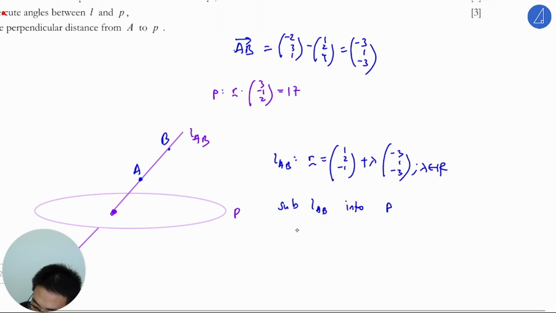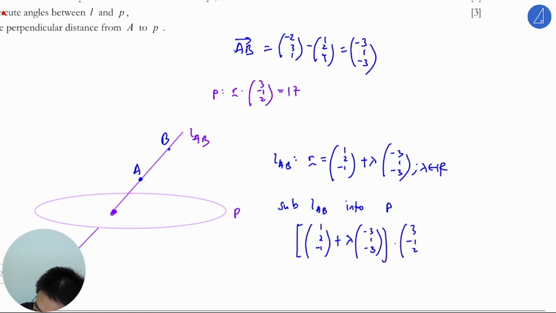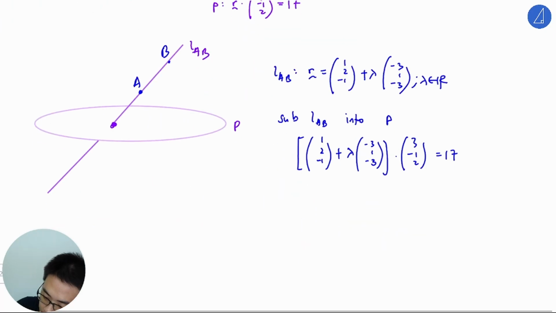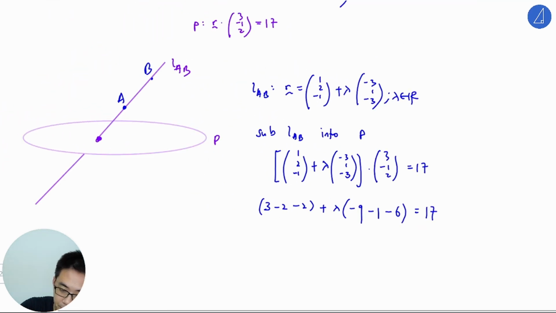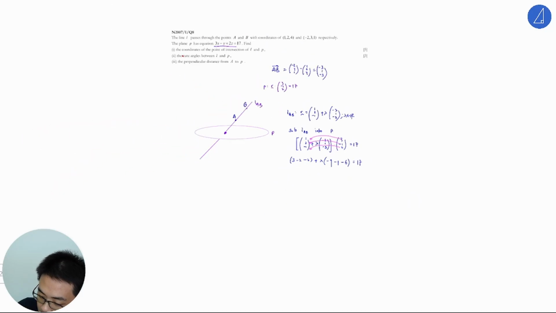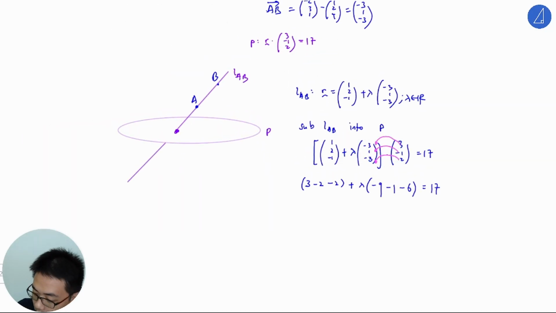This will be, it will be, okay. Just remember, when you multiply across, you just dot product like that. Then after that, you dot product inside. Okay.